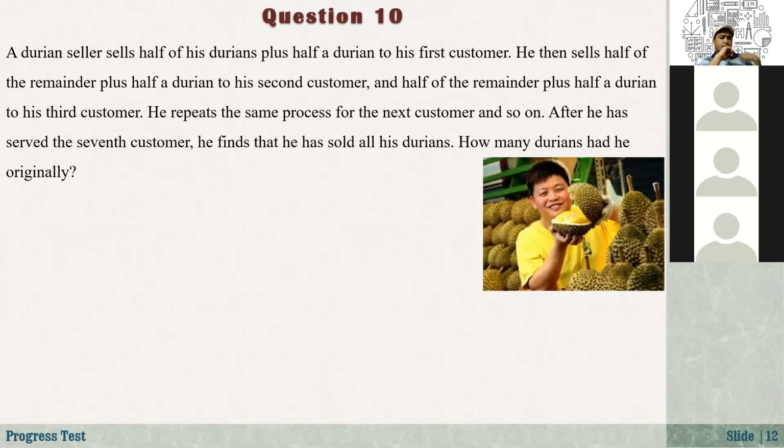He repeats the same process for the next customers and so on. After he has served the seventh customer, he finds that he has sold all his durians. How many durians had he originally?